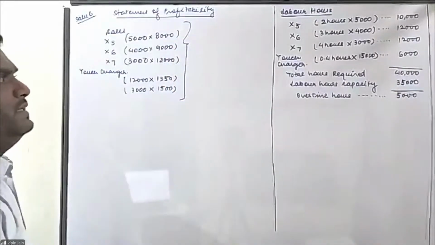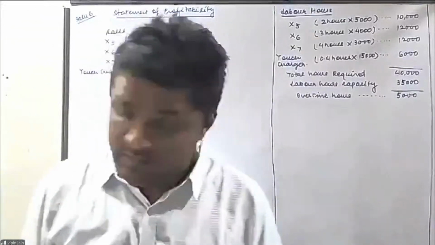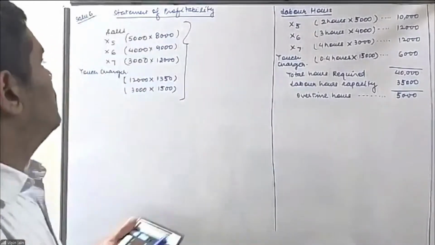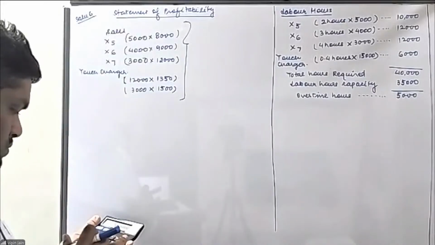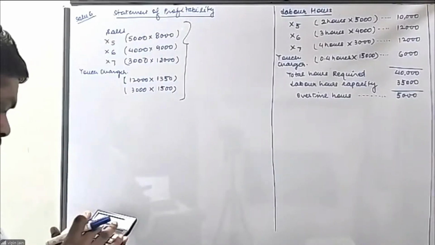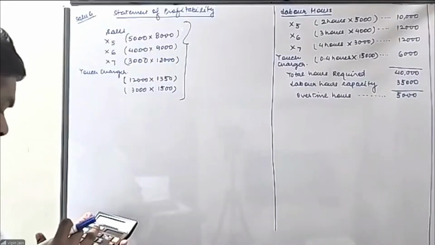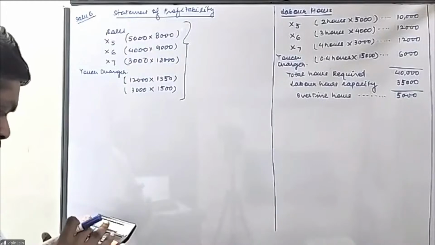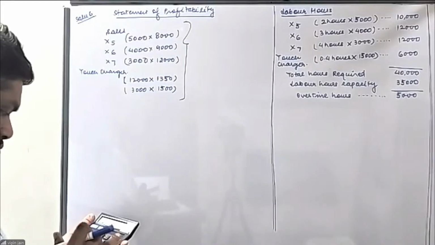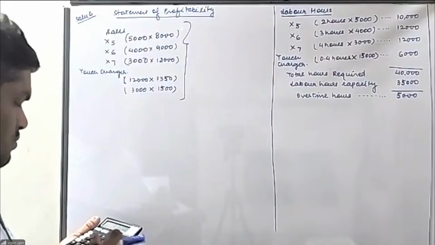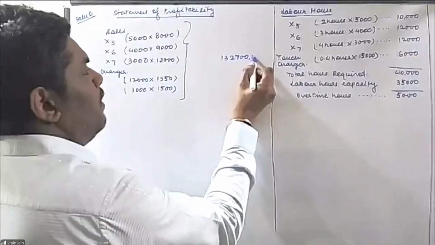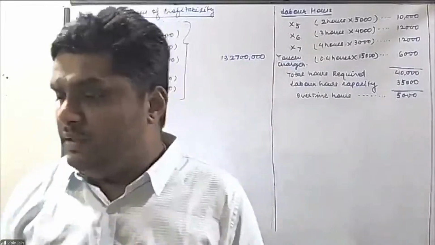So this will be the total sales. So my total sales will be 13 crore 27 lakh.